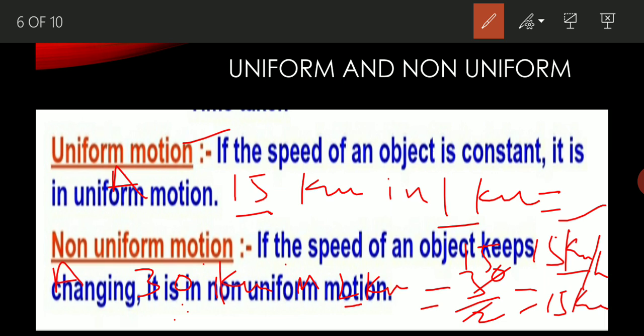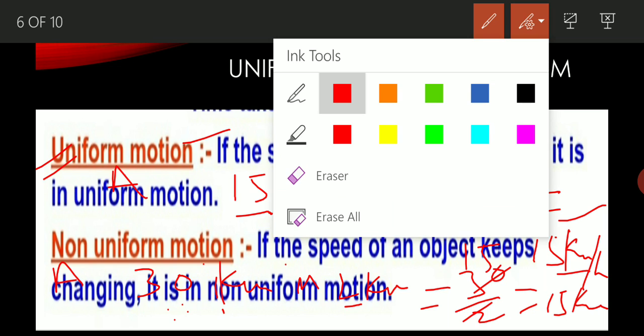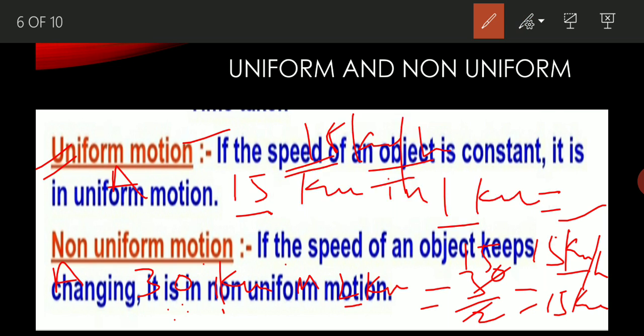In 3 hours it travels 45 kilometers, so in the third hour it travels 15 kilometers. In each hour it travels only 15 kilometers. That's why the speed of the car is always 15 kilometers per hour. The speed is always constant for car A. That's why car A always travels with constant speed. Clear? That is uniform motion.